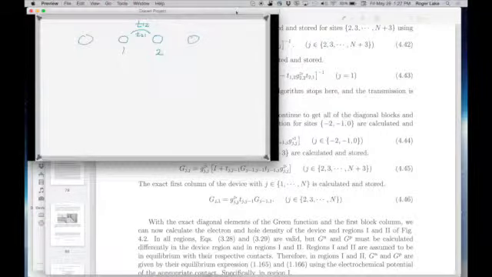I'm breaking my unperturbed system into these two uncoupled semi-infinite regions, and I know the exact diagonal elements, and I know the right and left connected Green's functions. They're going to be the exact Green's functions of the unperturbed system, the one I drew here.